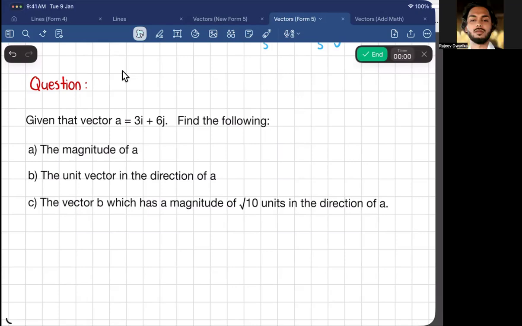Okay, the time is up. Did any of you get through with the unit vector? Okay.